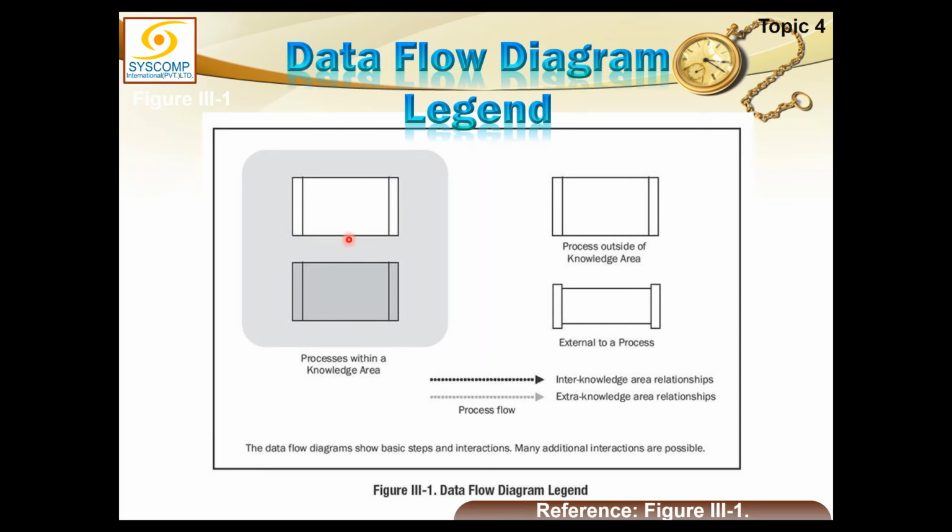So there might be things coming from white boxes to this gray box, like some other integration process is giving something to the current process under discussion, or some output from the current process is going to some other integration process, then that would be shown in the same background.